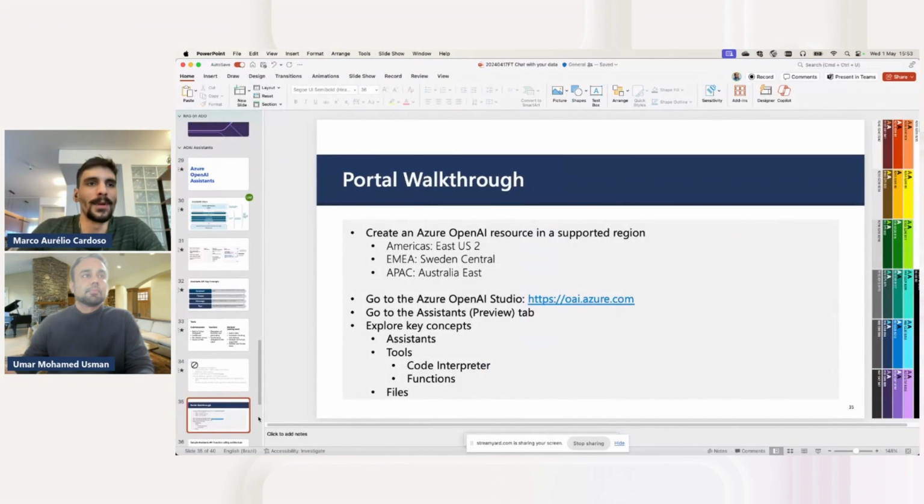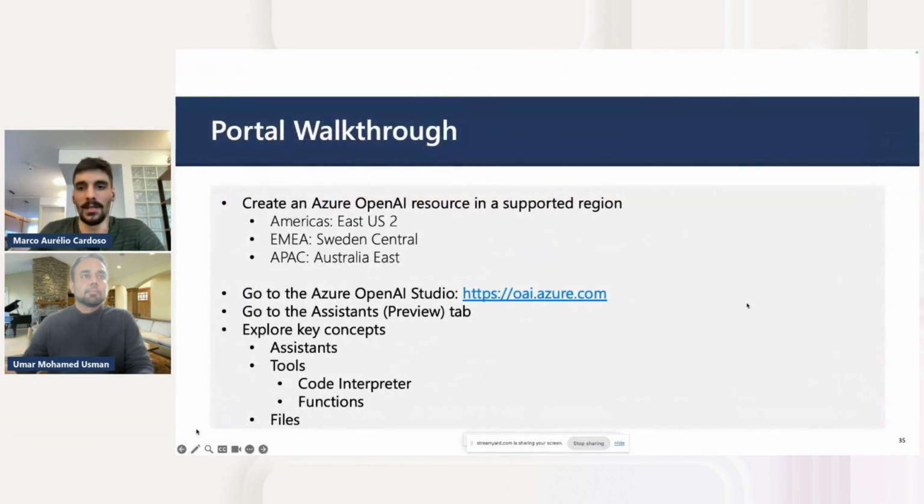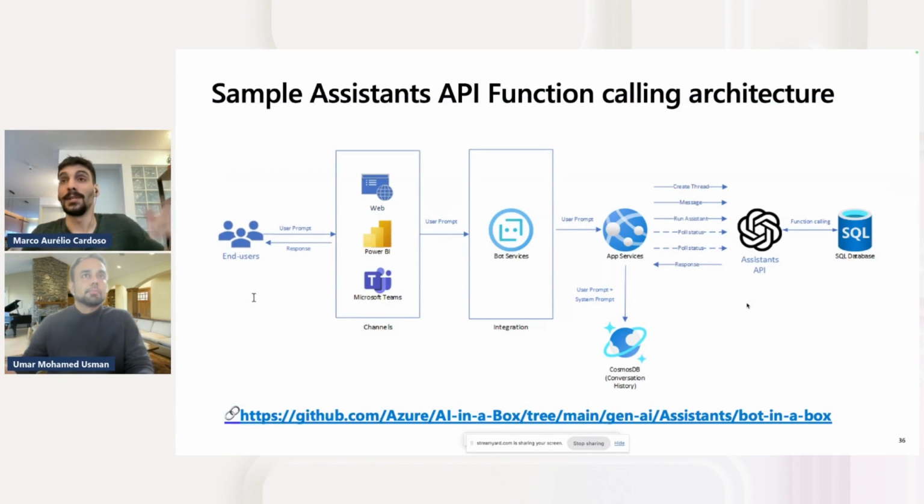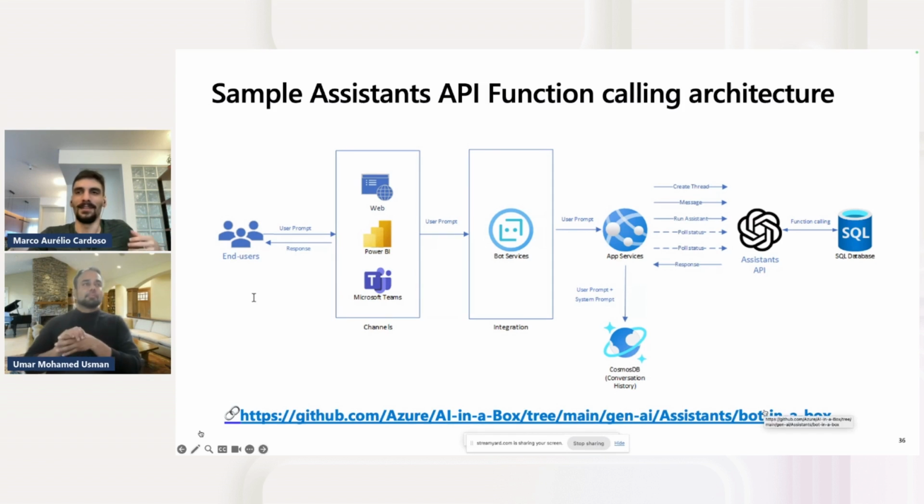I just wanted to quickly walk through this. The links that we shared will probably be in the description of the video. They also have other examples. Somebody here asked about Teams integration. This is something we have an accelerator for that we published under AI in a Box. Make sure to check out this repository.